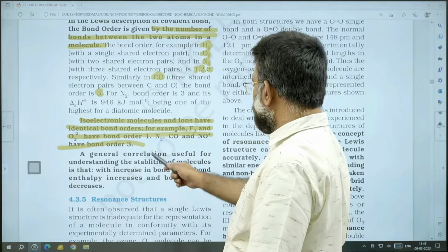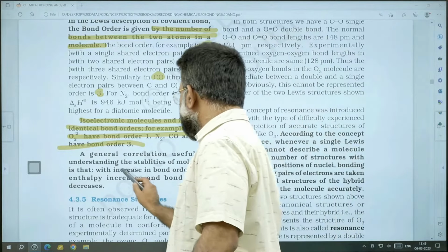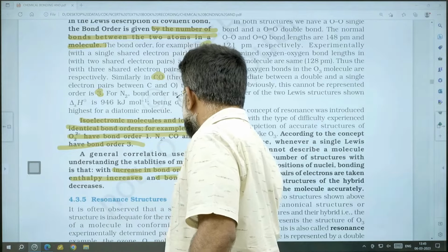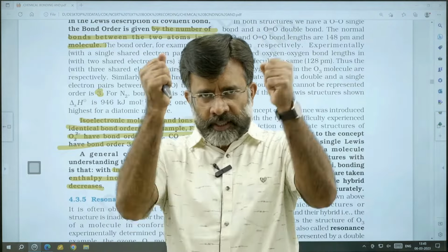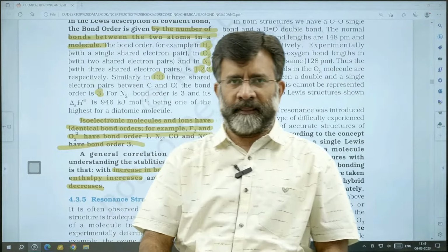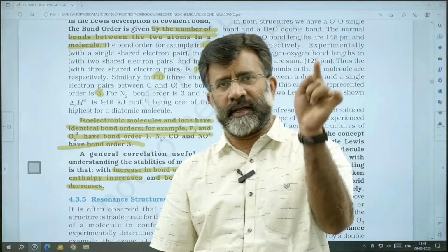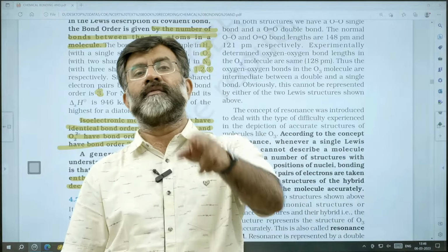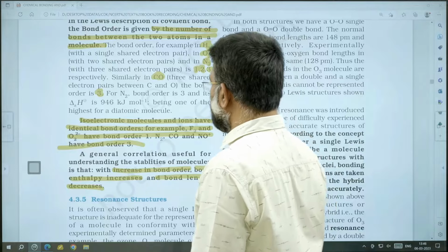A general correlation useful for understanding the stability of molecules is that with the increase in bond order, bond enthalpy increases and bond length decreases. With increase in bond order, strength of the bond increases, stability increases, bond enthalpy increases, bond length decreases. So bond order and bond length are inversely related. Okay, that's about the bond parameters.